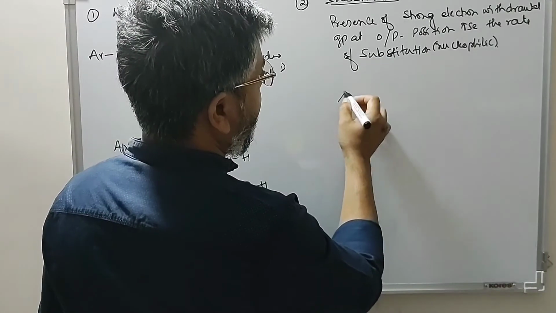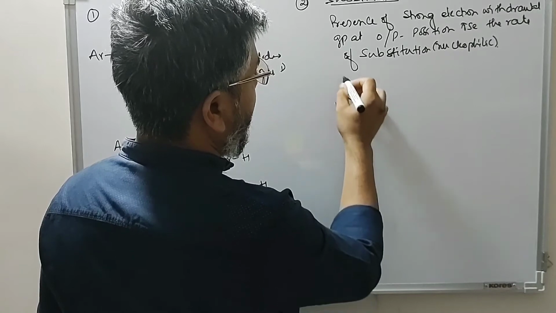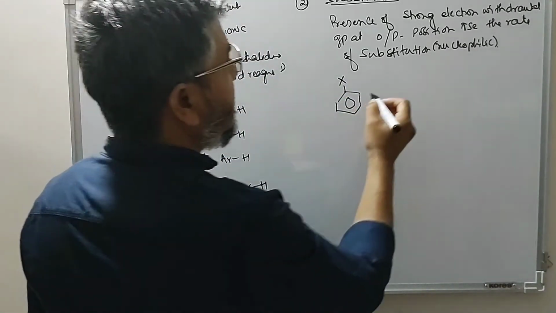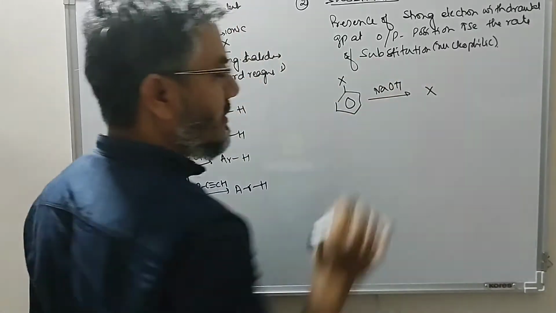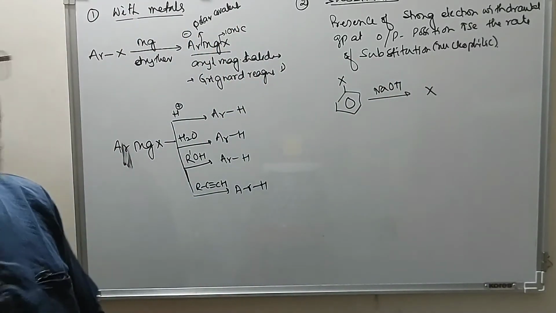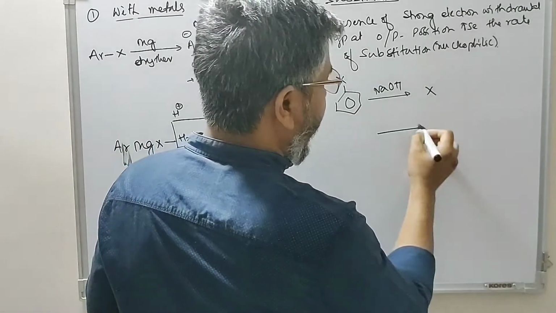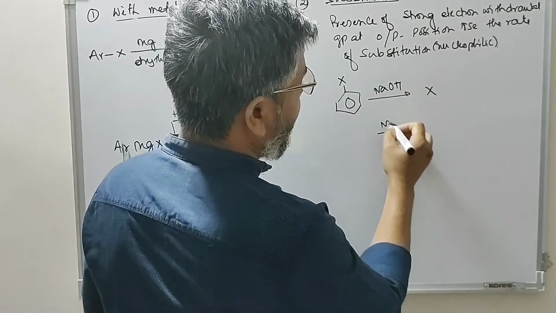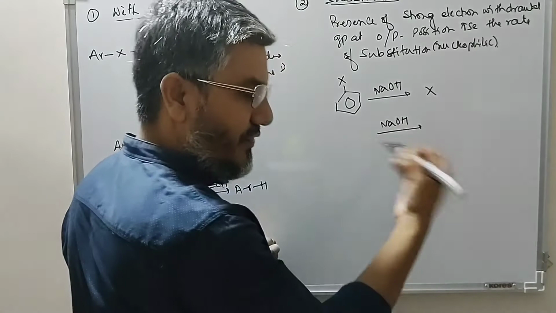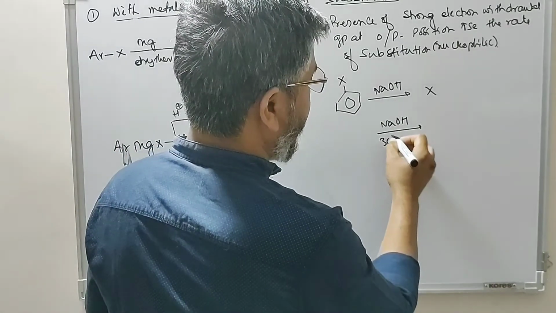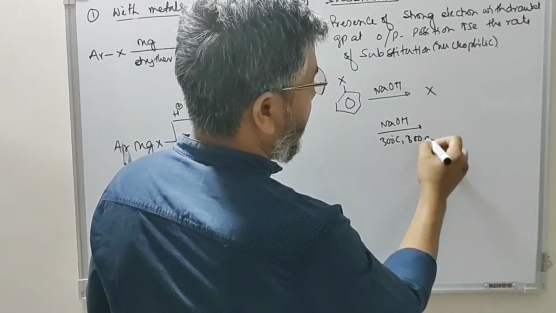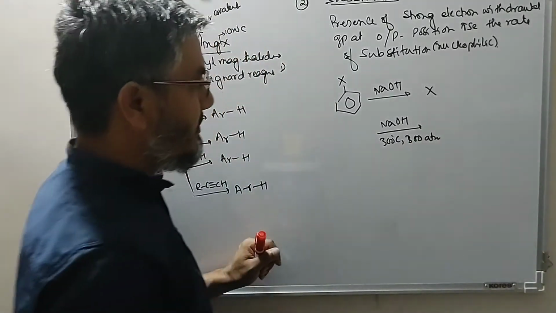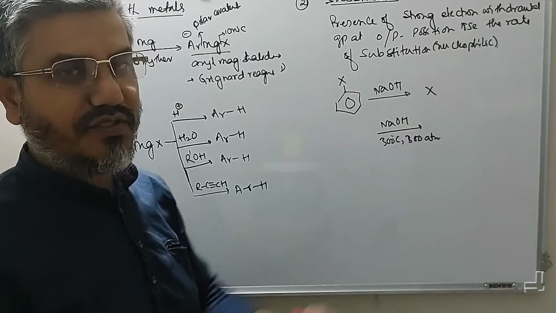So look at this halobenzene. Now this reacts with sodium hydroxide. This does not undergo reaction with sodium hydroxide under normal conditions. But by using this sodium hydroxide under vigorous condition, like temperature of 300 degrees centigrade and pressure of 300 atm, so we are having high temperature and high pressure condition.